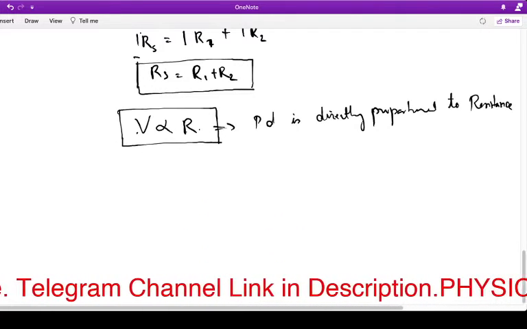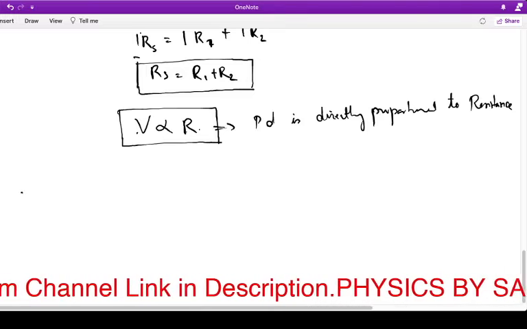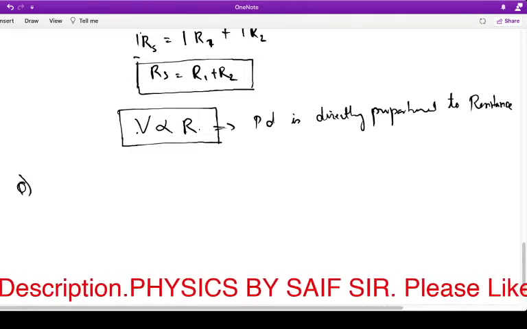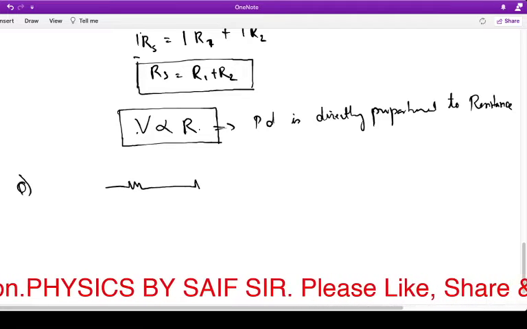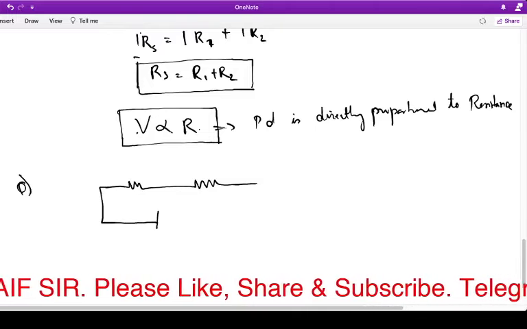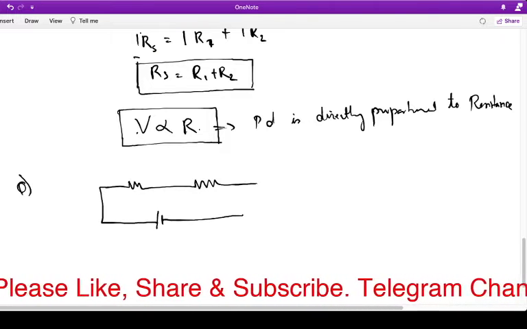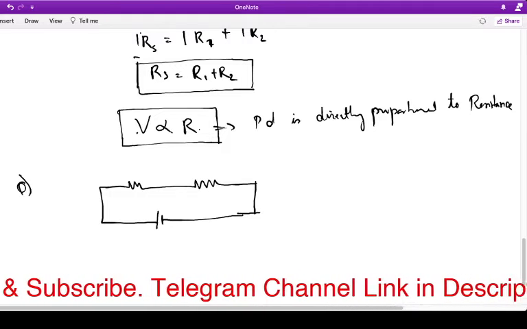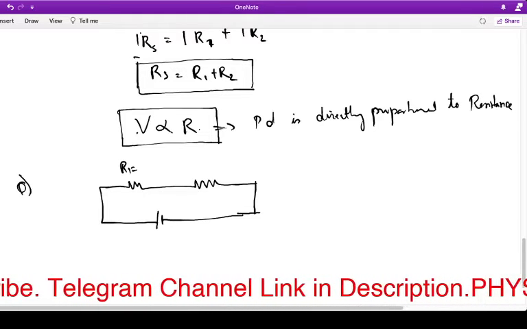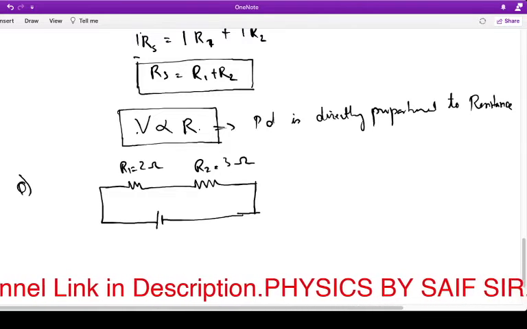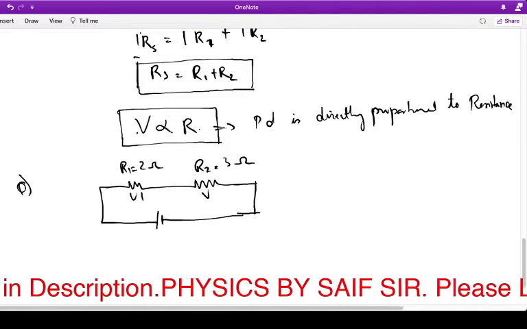Now, based on the above concept, we are going to solve one problem. We'll draw one resistance circuit here. Here R1 is 2 ohm, R2 you can take as 3 ohm, with voltages V1, V2.